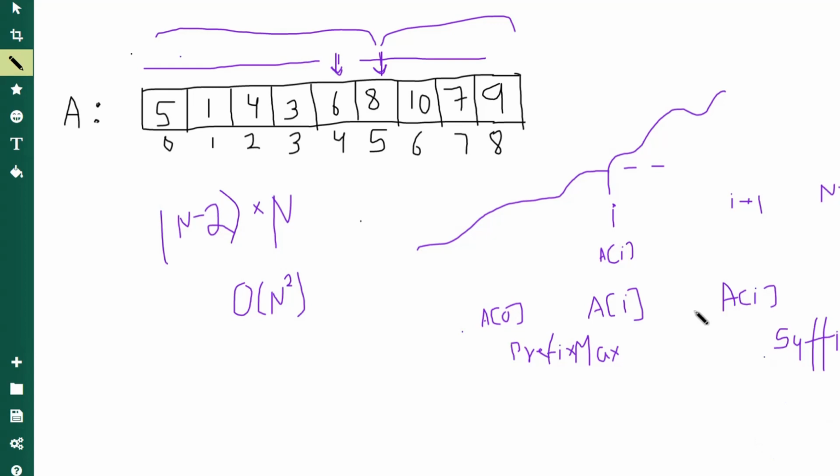So for a valid perfect peak, this ai, this prefix max and this suffix min must be equal, because in that case prefix max is the maximum element in this range which is the same as ai. So from the range 0 to I minus 1, there is no element which is greater than ai.